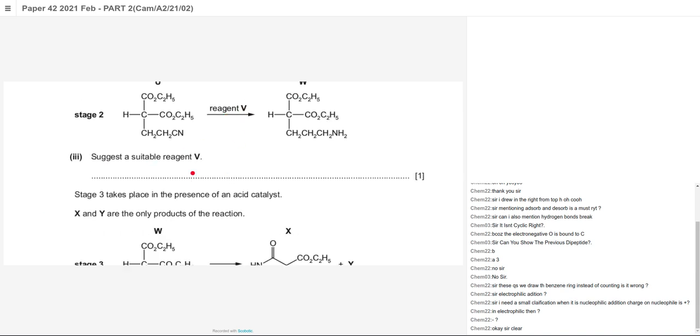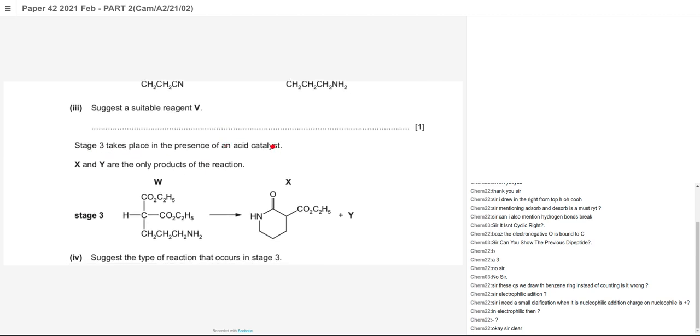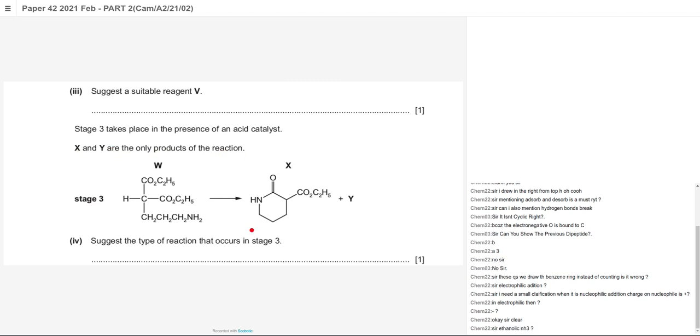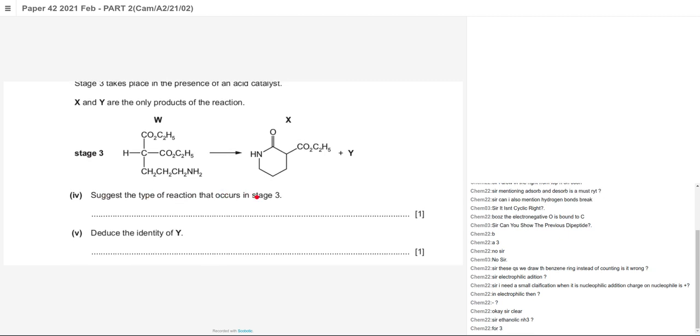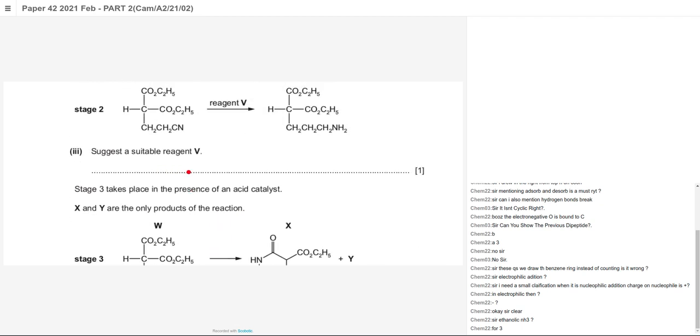The reagent for this is the question. Yes, lithium aluminium hydride or nickel with hydrogen. Nickel can be used. Stage 3 takes place in the presence of an acid catalyst. X and Y are the only products of the reaction. Suggest the type of reaction that occurs in stage 3. Ethanolic ammonia? No, never.